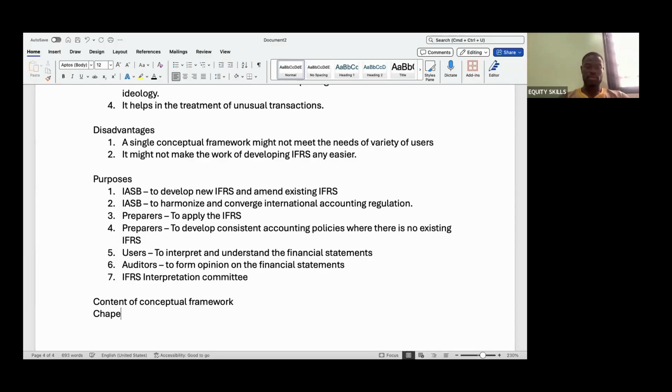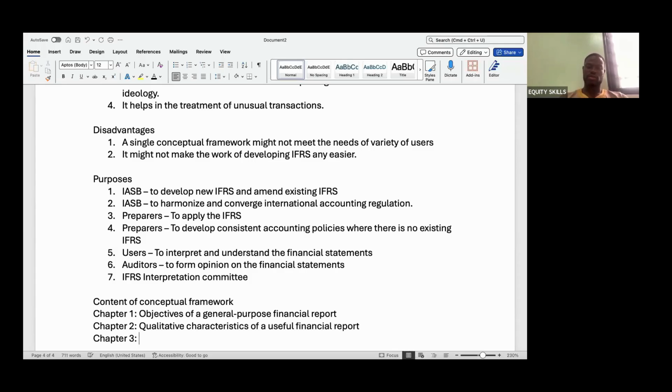Chapter 1 talks about the objectives of a general purpose financial report. Chapter 2 then talks about qualitative characteristics of a useful financial report.